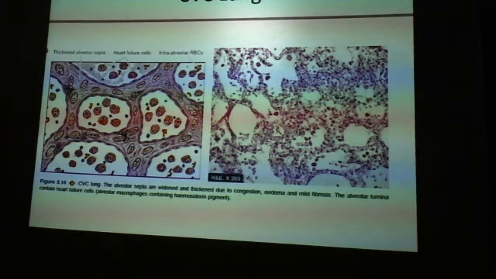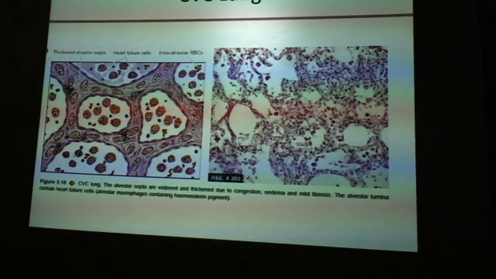What happens after some time is that these veins and venules rupture and the RBCs come out. They start filling even the alveolar spaces, and once these RBCs come out, they are lysed and hemosiderin pigment is generated. That is taken up by the alveolar macrophages.